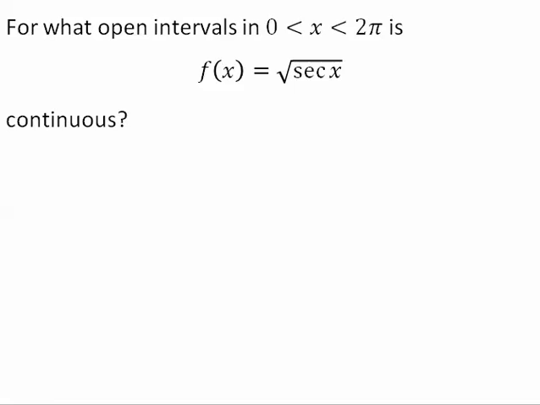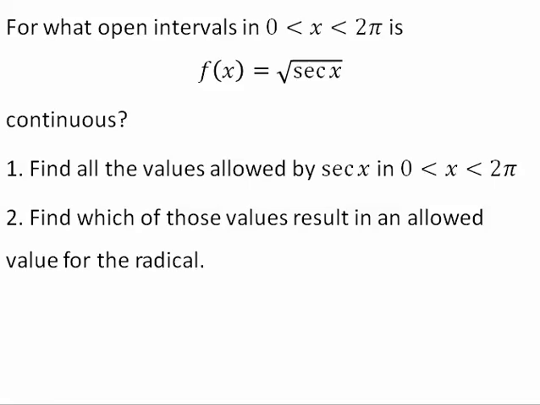For what open intervals going from 0 to 2 pi is the square root of secant x continuous? The first thing you ask is where is the inside function secant? Where is secant continuous? Then, which of those values result in an allowed value for the radical?